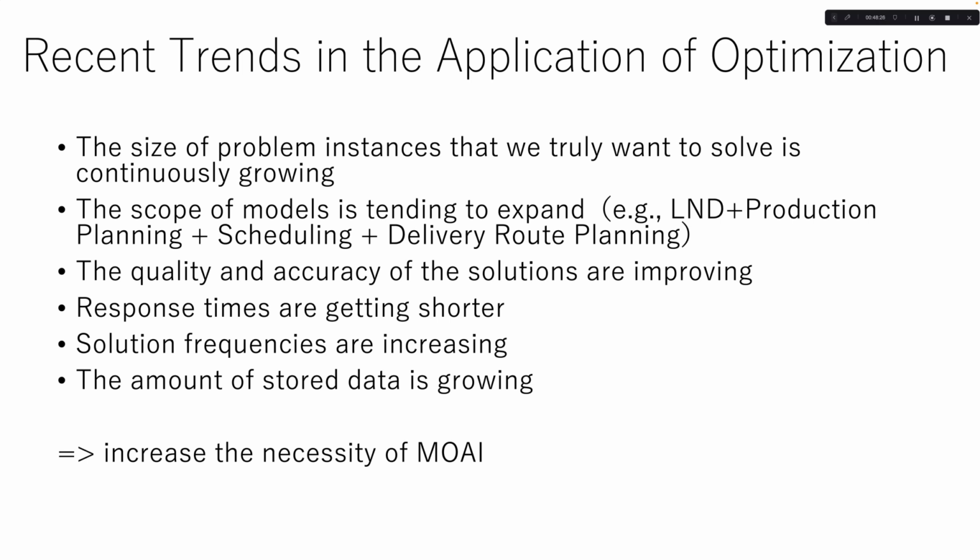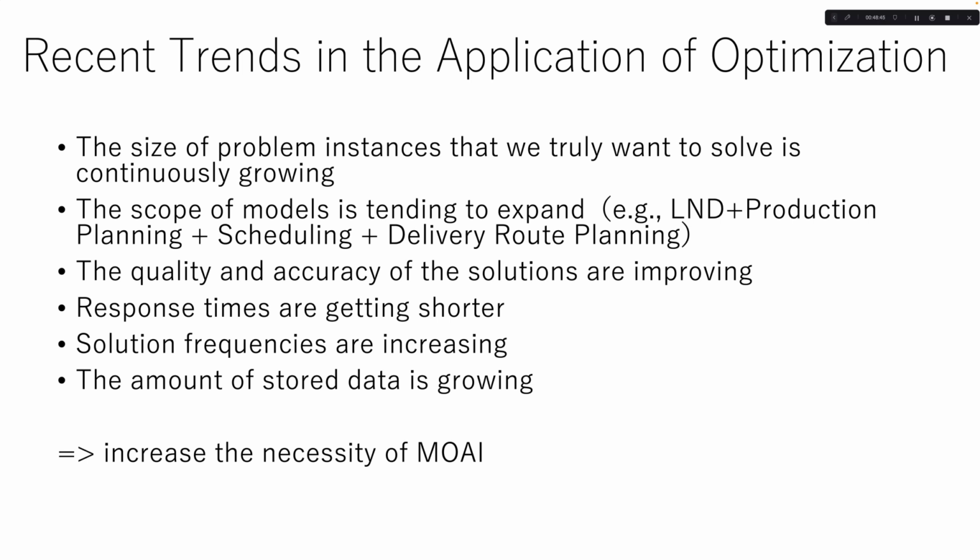First, the size of problem instances is increasing. The reason there are few success stories in large-scale optimization is because they are unsolvable, but it is assumed that the size of problem instances that we truly want to solve is continuously growing. At the same time, the scope of models is tending to expand.